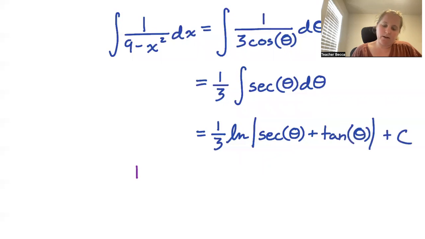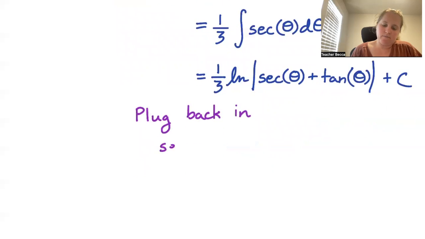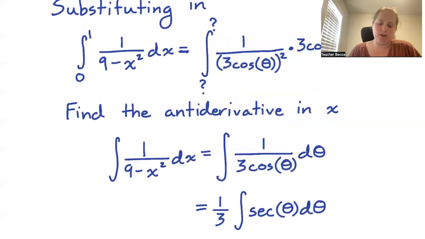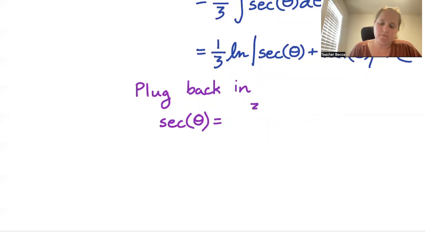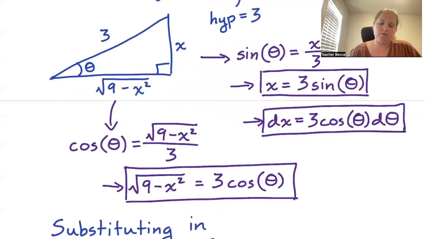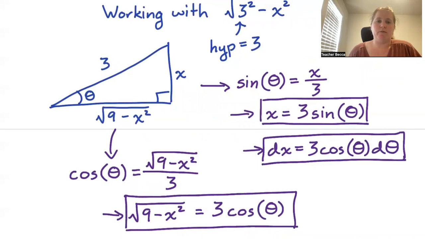At this point, we will go ahead and plug back in. Our secant of theta is hypotenuse over adjacent, so that's 3 over the square root of 9 minus x squared. Our tangent of theta is opposite over adjacent, so that is x over the square root of 9 minus x squared.